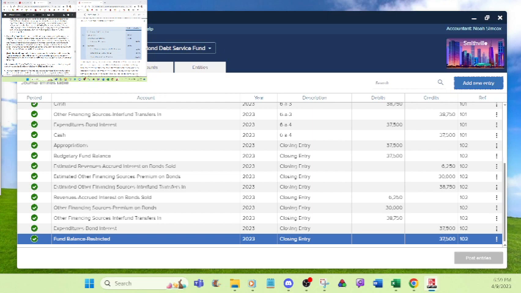This is so funny because now we're going to have to do an entire other year of journal entries for this stinking fund. Come on.